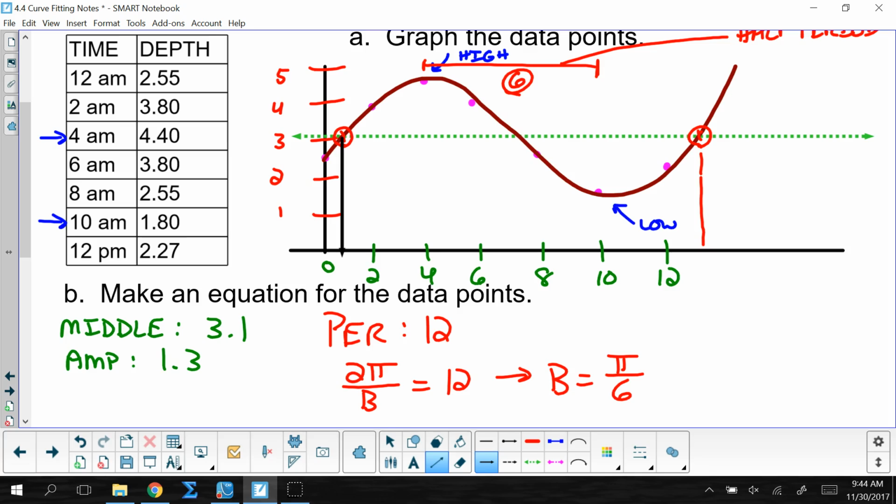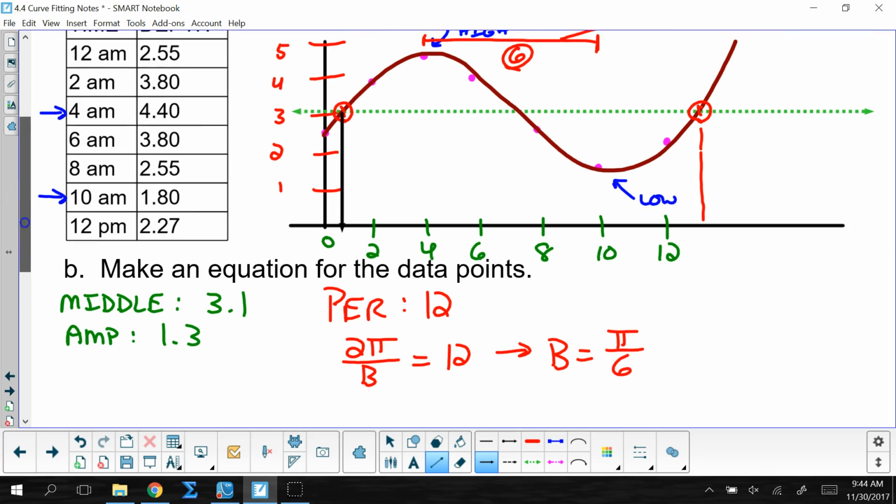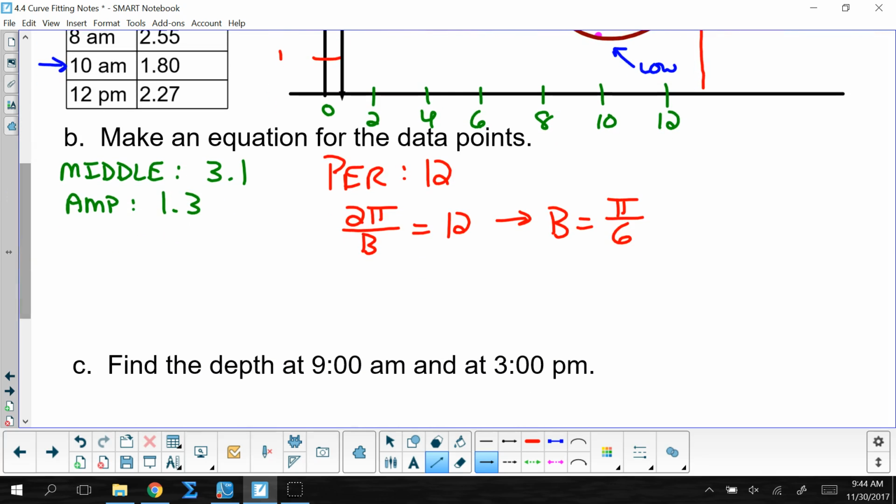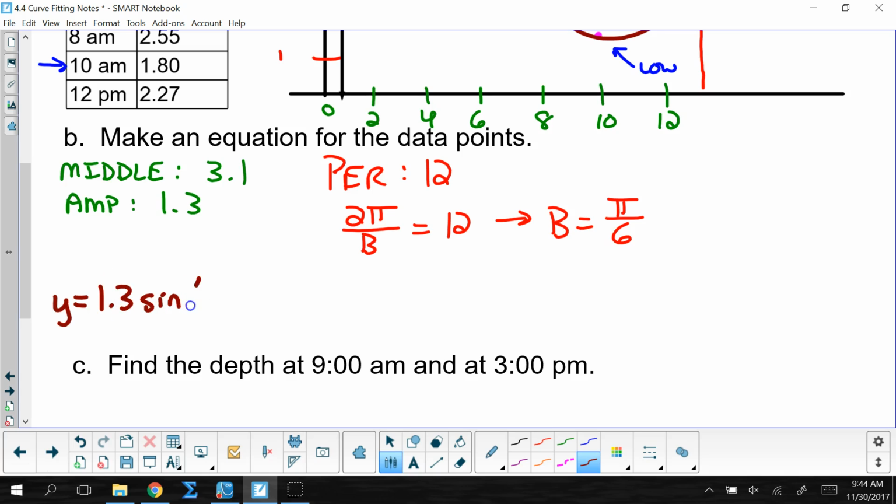Okay. 0.75. All right. So if I make my sine curve, that would be y equals 1.3 times the sine of pi over 6 times x minus, what do we say, 3/4? Plus 3.1. Right?